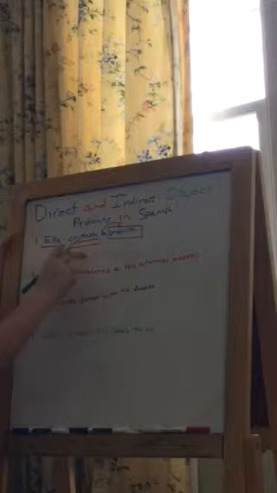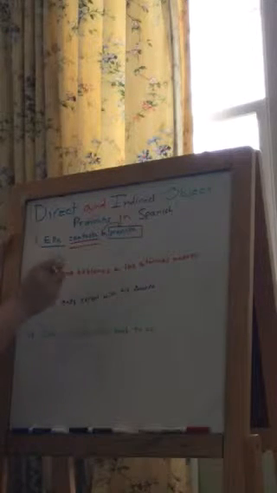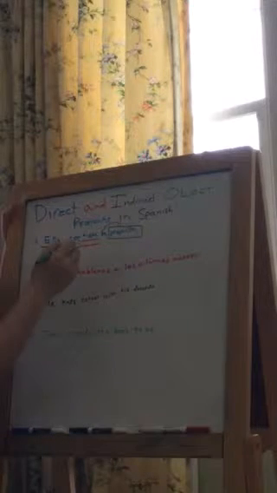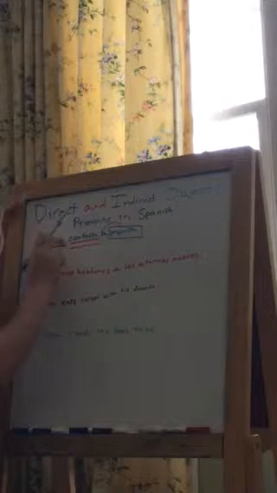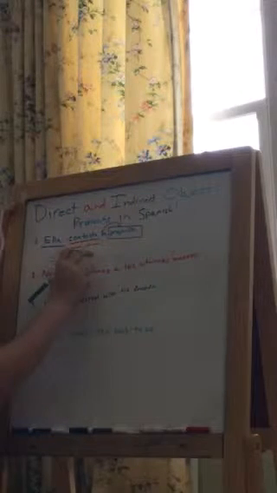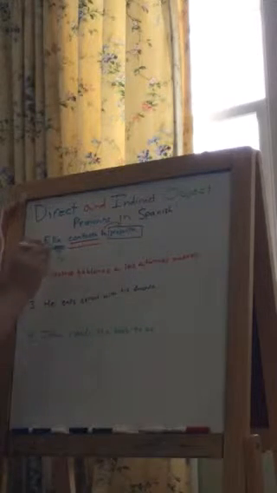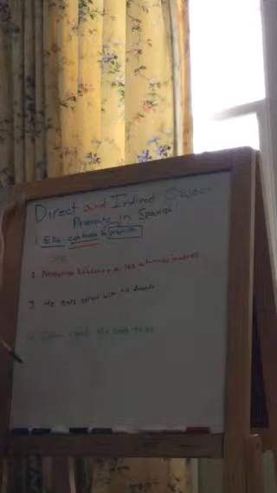But instead of translating "she answers the question," when we use a direct object pronoun, instead of saying "she answers the question" again, if we put the la in front of contesta, it would say "she answers it." So we wouldn't have to say "she answers the question" again.